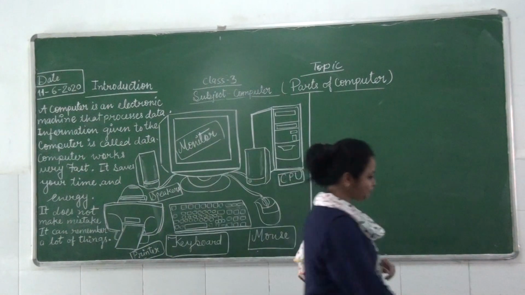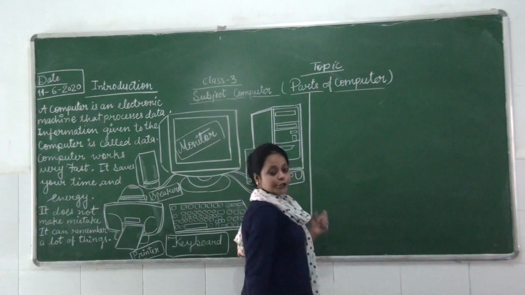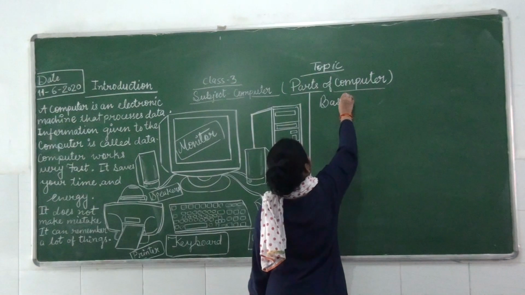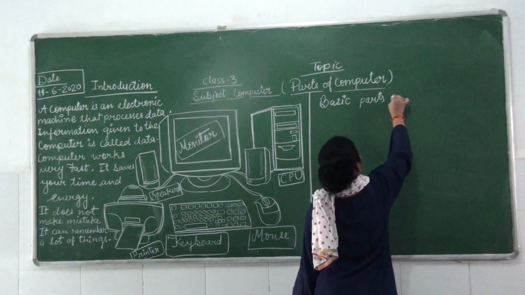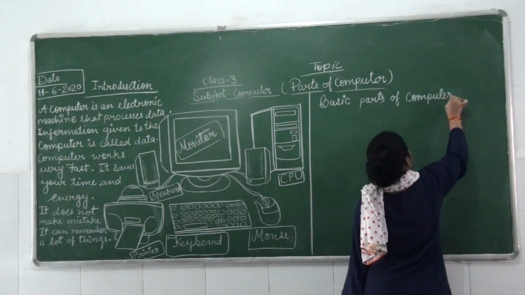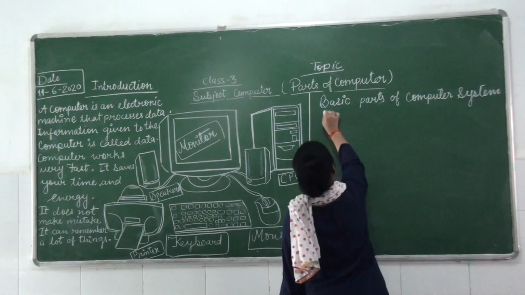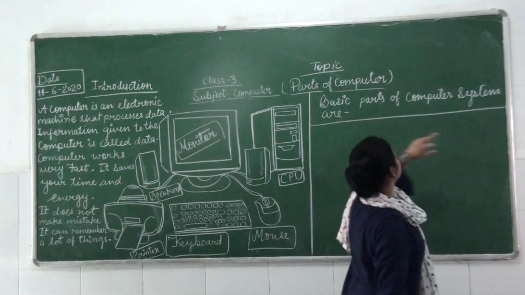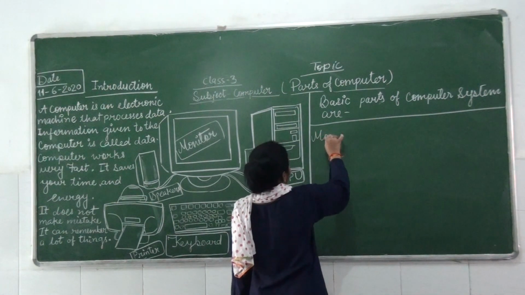Now students, I am going to note down the basic parts of the computer system on the board. The basic parts of a computer system are, first, monitor.